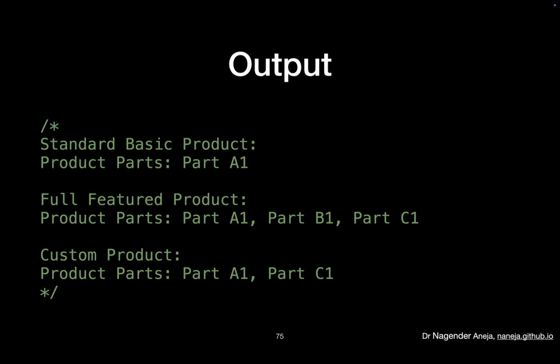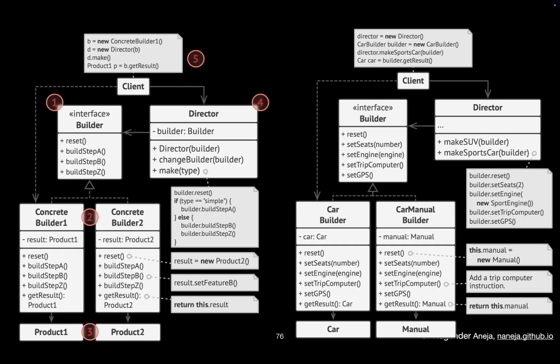And this is what you can see here. This is a basic product with part A1, this is a fully featured product with A1, B1, C1, and this is a custom product which is A1 and C1. And this is an example where this can be used. We have this builder template interface, and this is an example of the car.